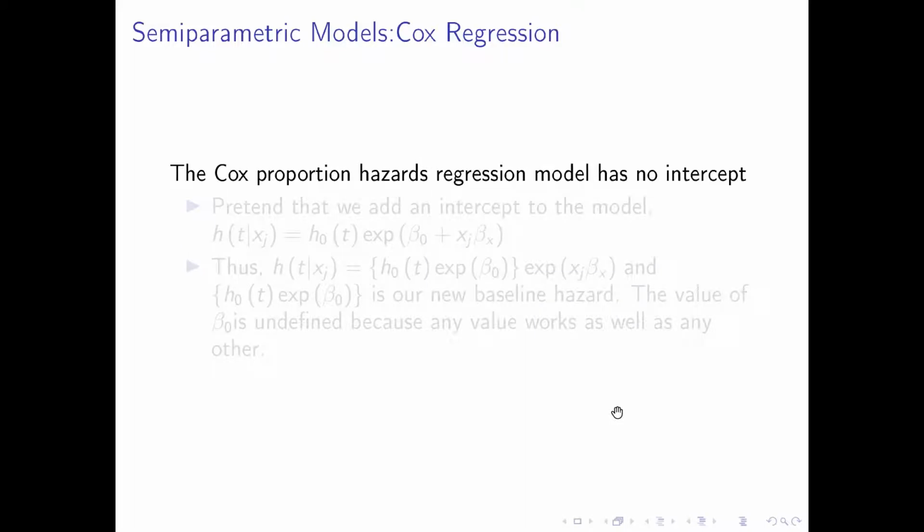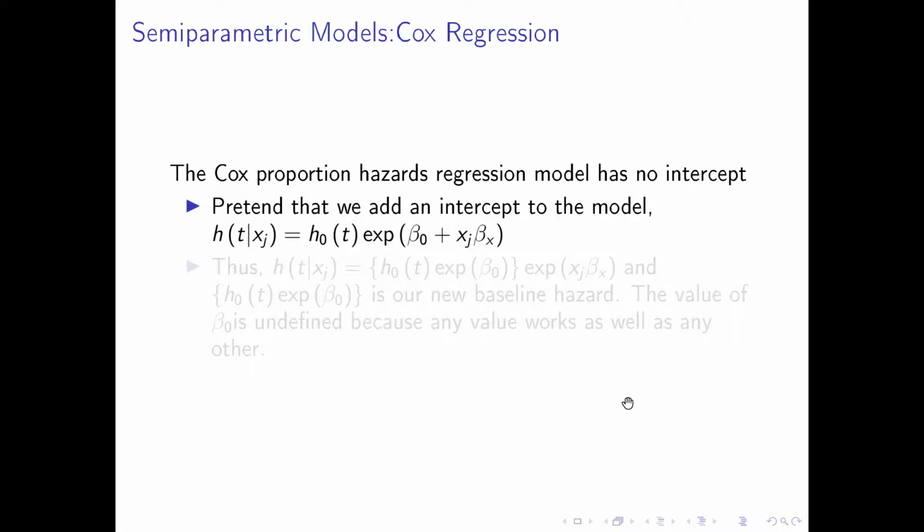The Cox proportional hazard regression model has no intercept. Let's pretend that we add an intercept to the model. We say, well, we don't know this baseline hazard, but what about adding an intercept to the model?